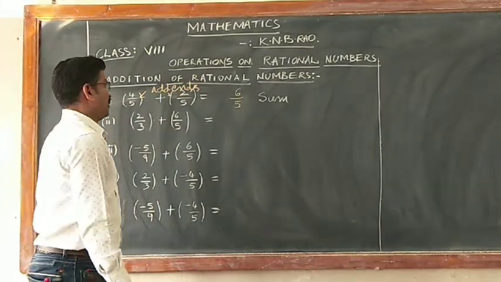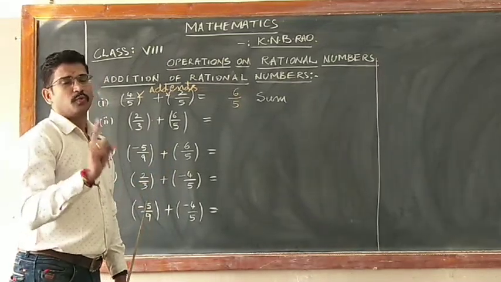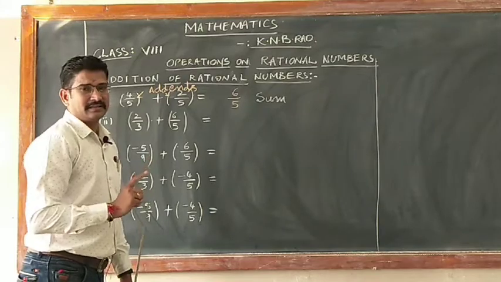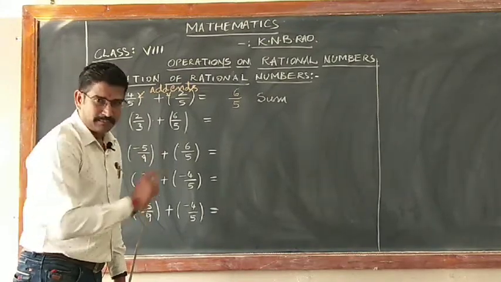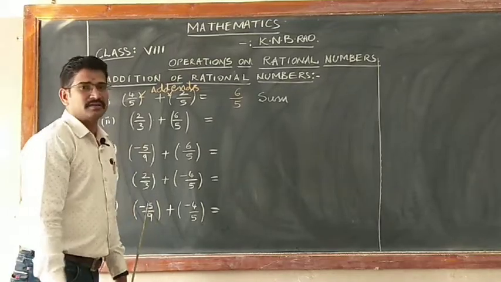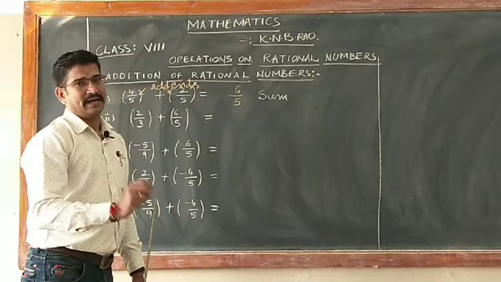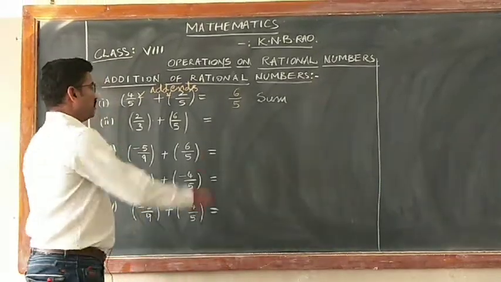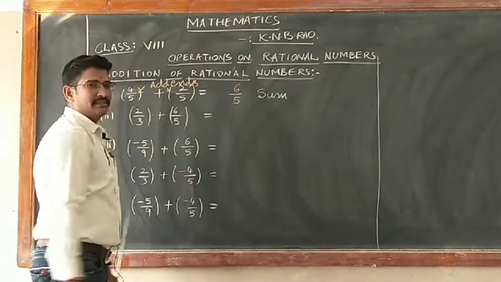Now, in the addition, I have told you two words: the result we get by adding any two numbers is called the sum, and the numbers which we are adding are called addends.